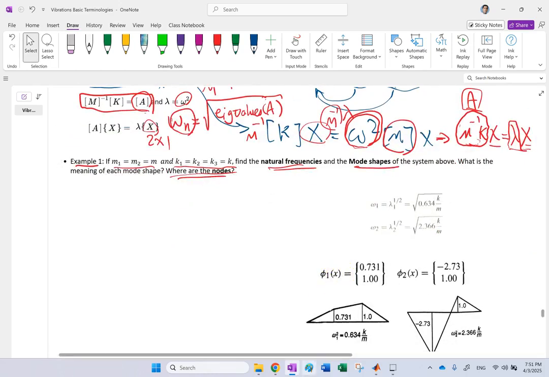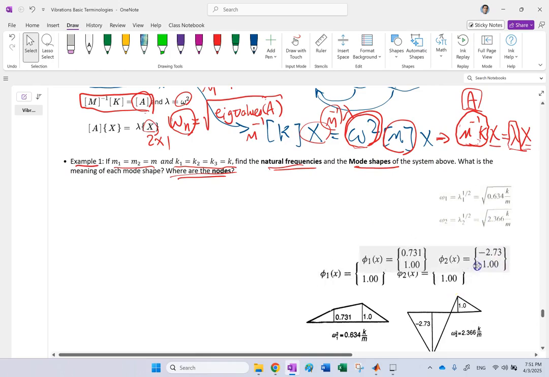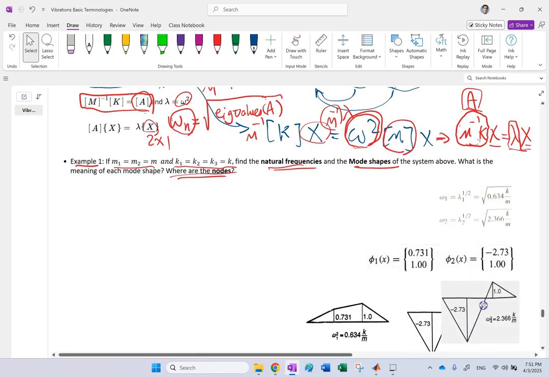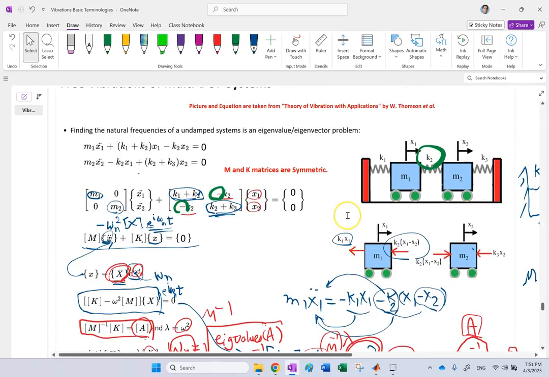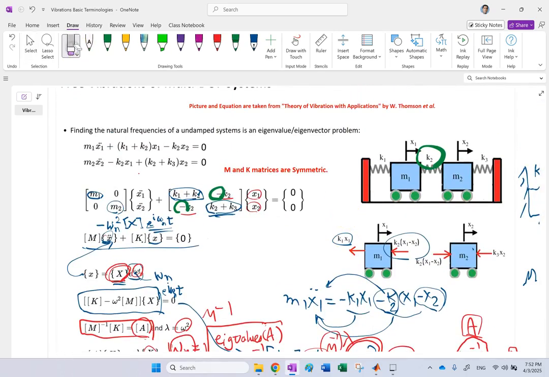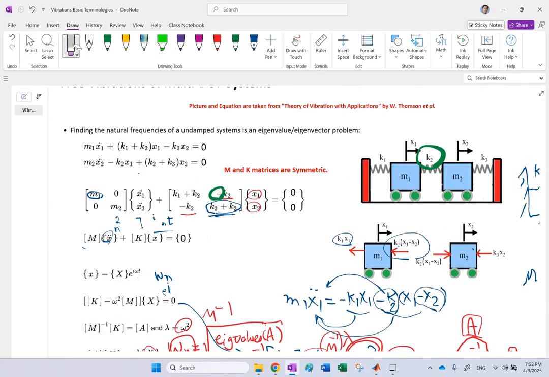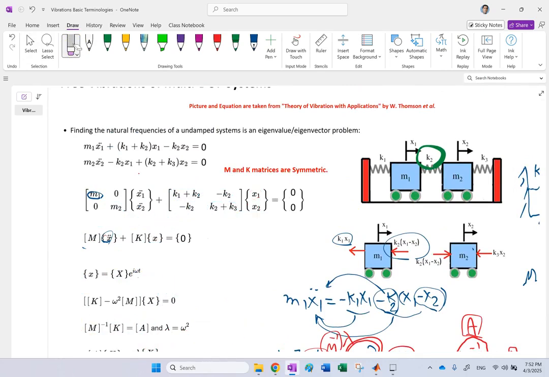So be ready. First thing we do is calculate the natural frequencies, or the eigenvalues and eigenvectors. The first thing is we need to form the A matrix, and remember A matrix is M inverse K. So we need to form M and K, then find M inverse times K, and then find the eigenvalues and eigenvectors of it.